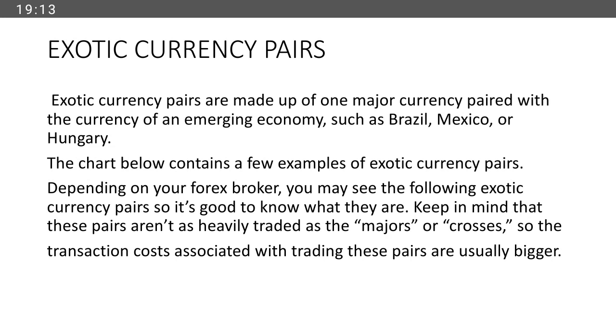The chart below contains a few examples of currency pairs. Depending on your Forex broker, you may see the following exotic currency pairs. So it's good to know what they are.